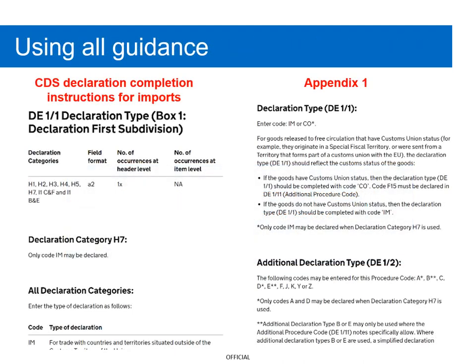Hallie has the CDS Declaration Completion Instructions for Imports open on the left and Appendix 1 open on the right. As she needs to complete the declaration, Hallie will start looking at the first data element 1.1. Hallie needs to scroll down on the CDS Declaration Completion Instructions for Imports to find all the possible categories that can be used against her declaration category of H1.